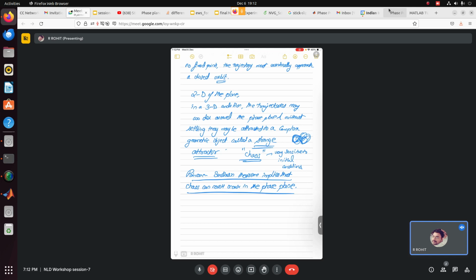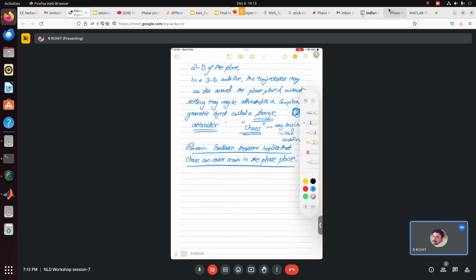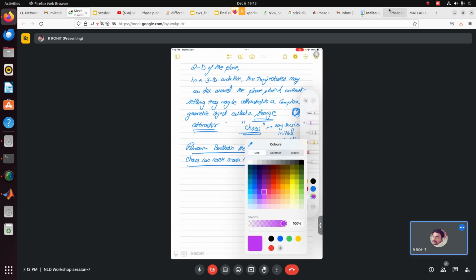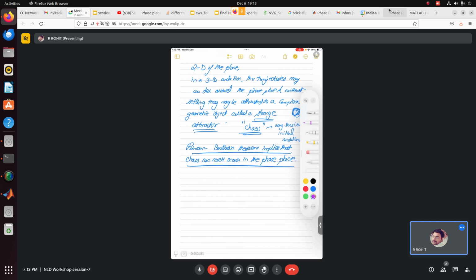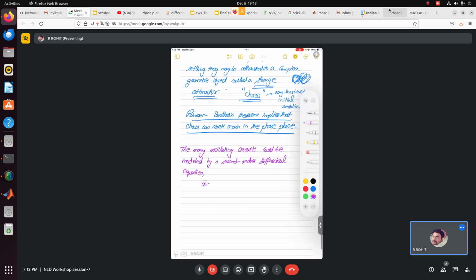People were modeling these, and it was found that many oscillating circuits could be modeled by a second order differential equation of the form x double dot plus f of x into x dot plus g of x equal to 0.